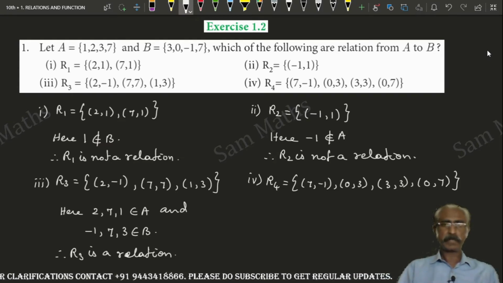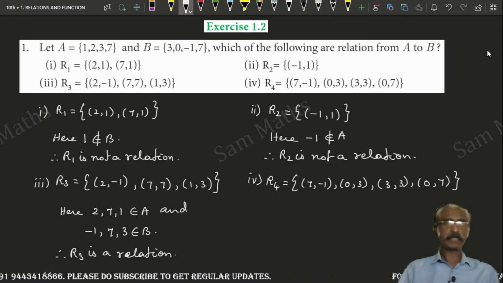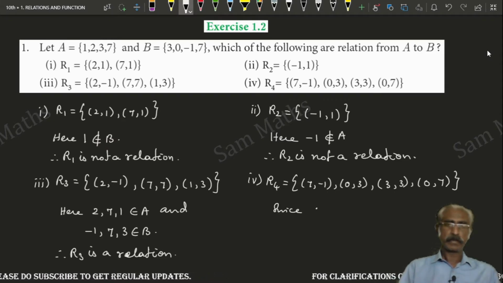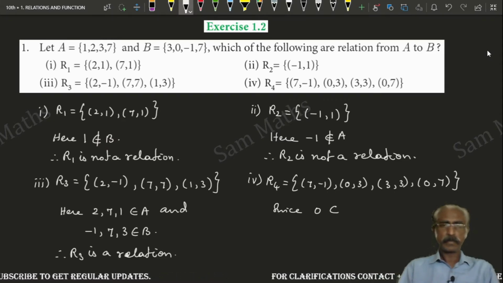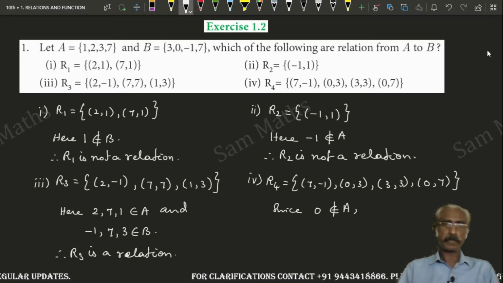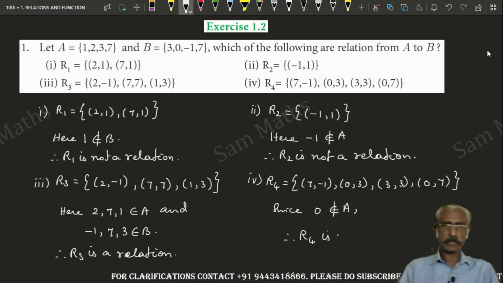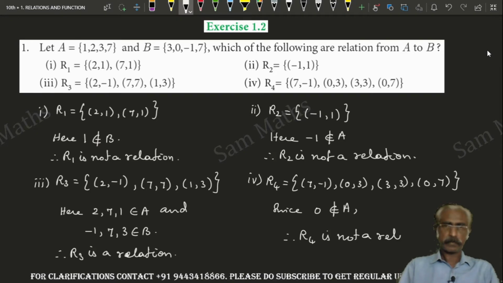Now you check with the first entries. 7, it's okay, it's from A. But 0, it's not from A. Since 0 is not an element of A, therefore R4 is not a relation.